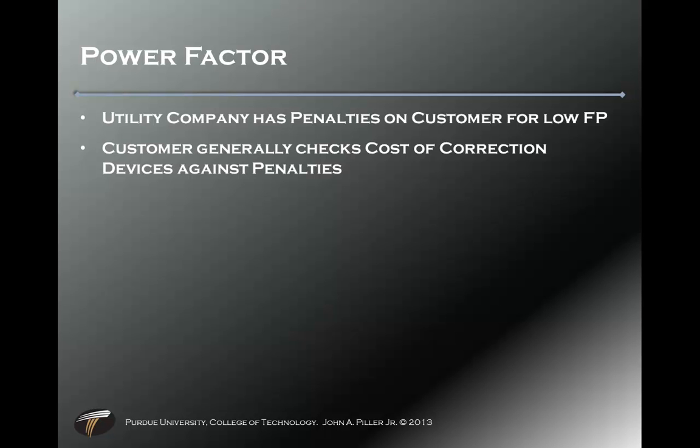Customers will generally look at the cost of the correction equipment versus the penalties, however, because the capacitors that you would add to your factory to repair your power factor come out of your budget, not from the power company. It's on your side of the transformer. So you have to look at the cost of that correction device versus the penalty and make the appropriate economic decision.